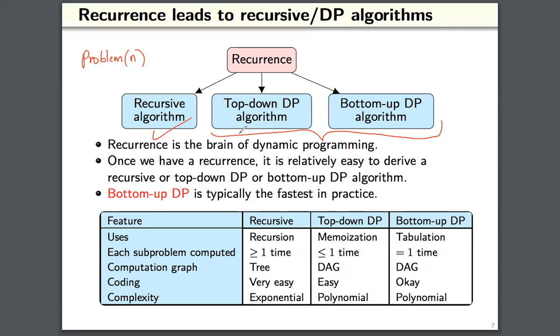Only if it is necessary, you compute it. Else, no. So top down is like, suppose you're working on a project, you learn the topics whenever required, right? It's that top-down approach. From problem n you go down to the base case, say one.